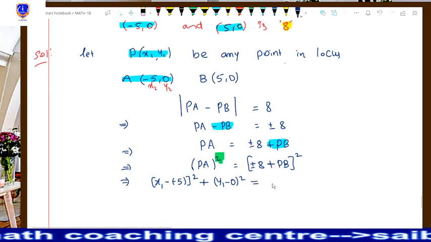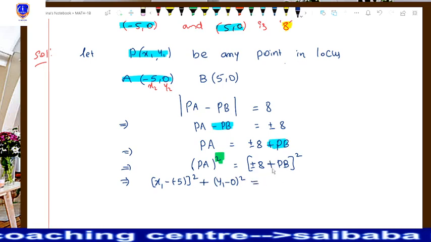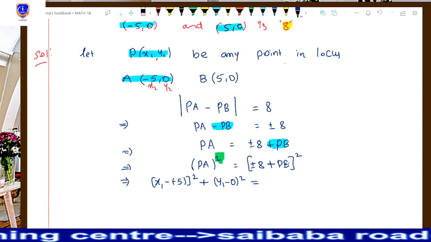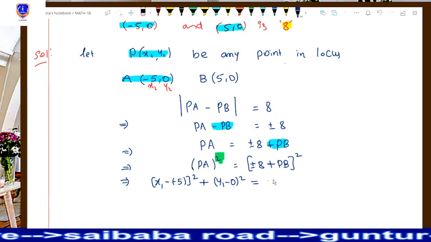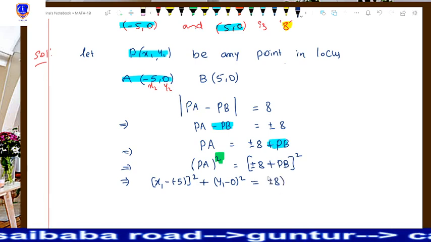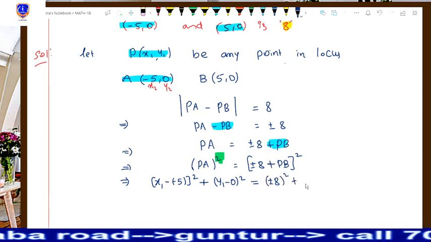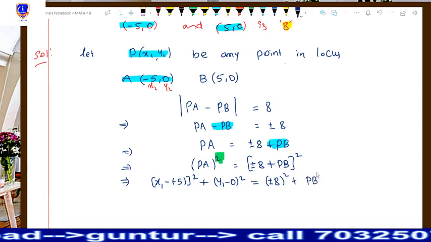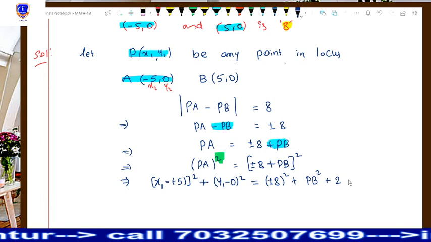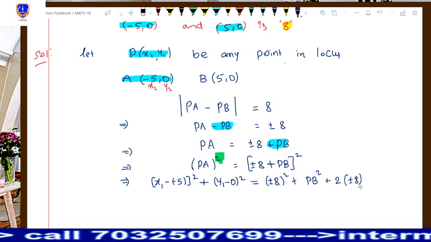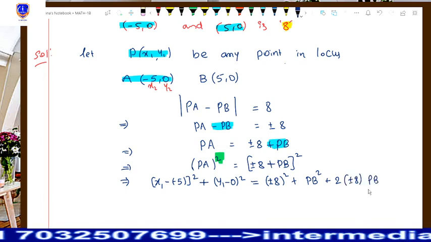Next, equal to, it looks like a plus b whole square. So a square, that is plus or minus 8 whole square, plus b square, that is PB square, plus 2ab, that is 2 into 8 into PB.